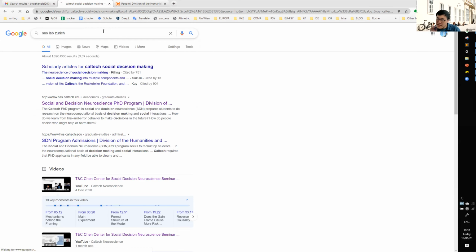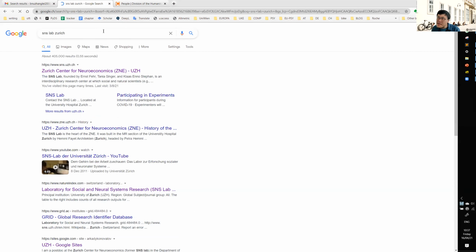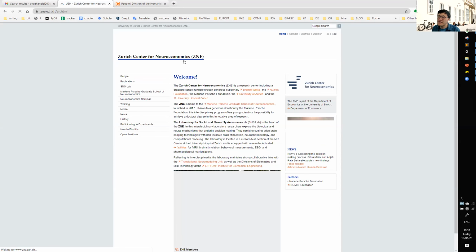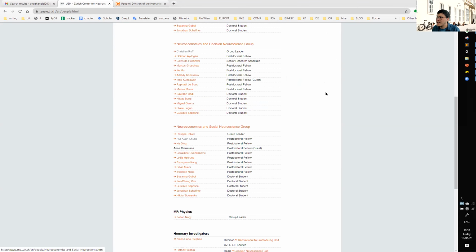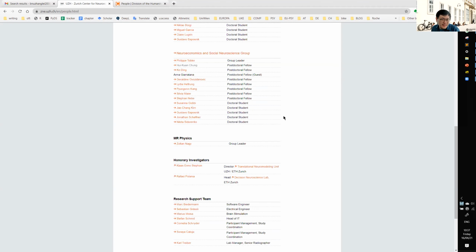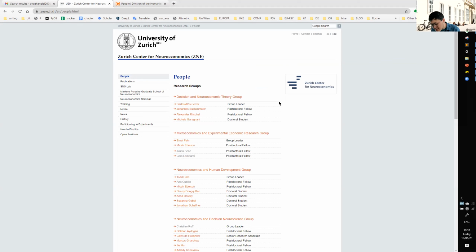And then if you think California is too far away, 9 hours time difference even, there's a closer one in Switzerland, in Zurich. So they have a center for neuroeconomics. You see the name, right? They study neuroeconomics, and all of the people here work on decision neuroscience problems, social decision making, maybe not social, risky decision making.